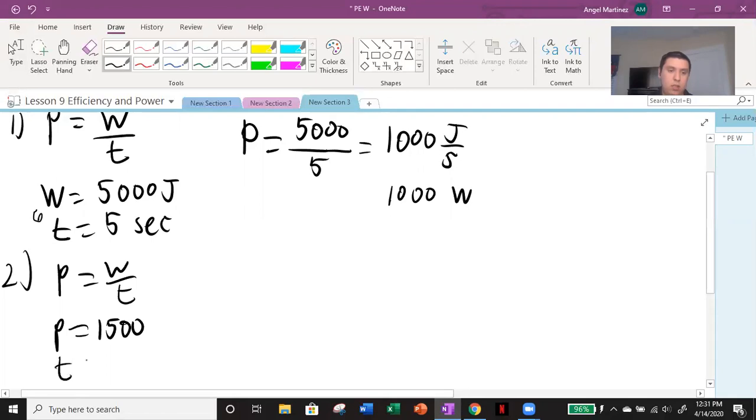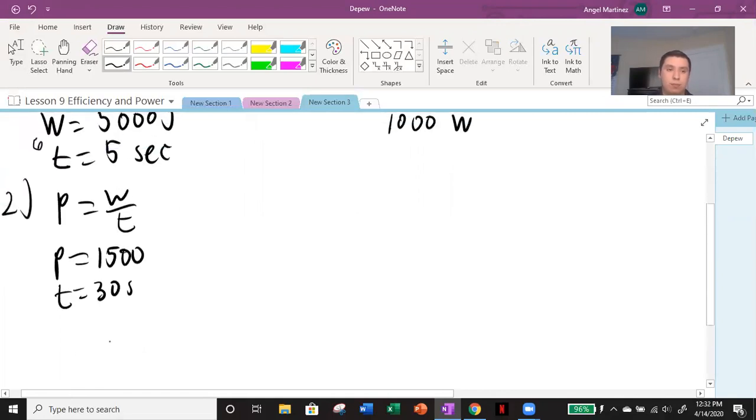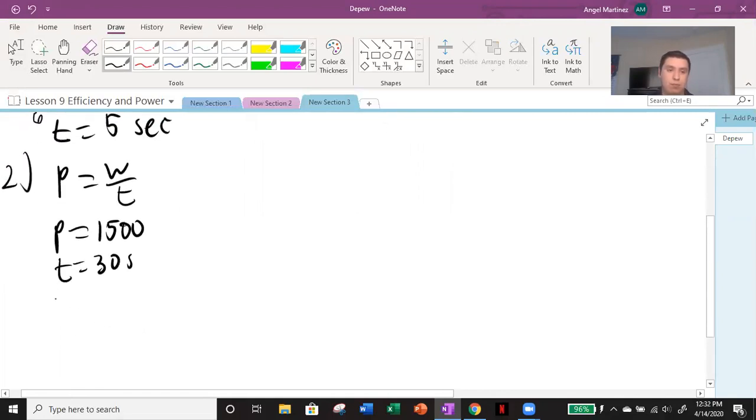And T is 30 seconds. And we need to find W. All right, so let's just plug this in. So we have 1,500 equals W divided by 30.